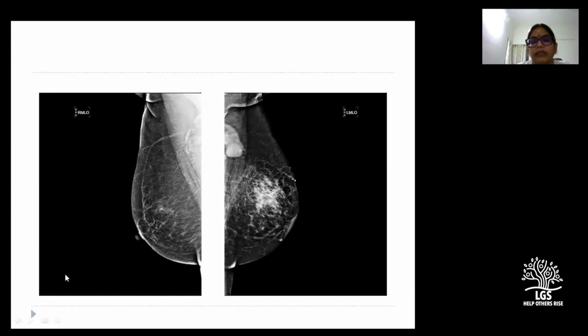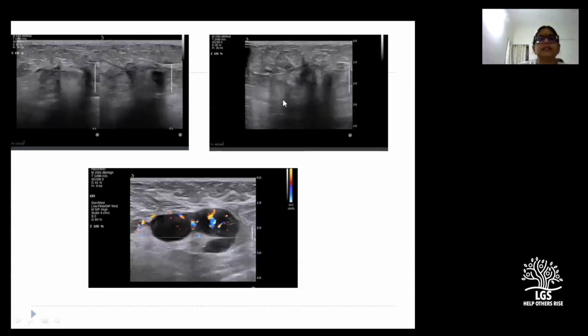You can see that this is a normal nipple areola here, and here you see that thickening of the nipple areola. Ultrasonologically it is again very deceptive and doesn't show much of a mass, just two little peaks here and some shadowing.